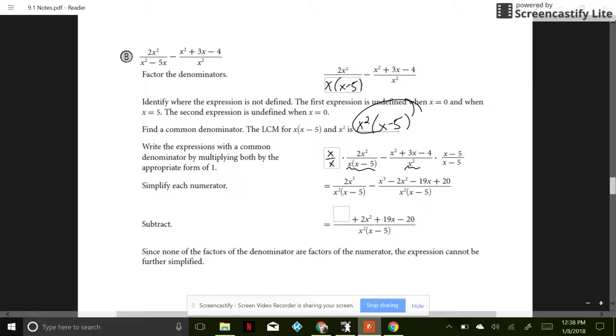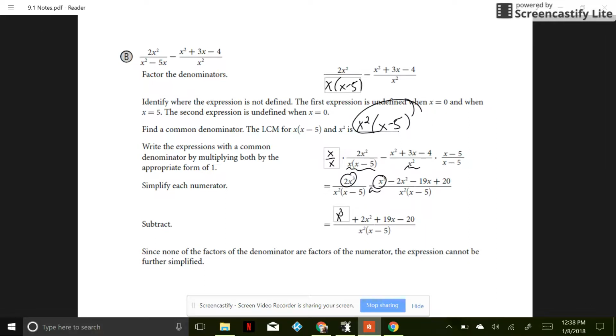Here we have 2x cubed minus x cubed, which leaves us with 1x cubed. Subtracting the second piece, so the signs are all going to change. So we'll have a plus 2x squared plus 19x, and then minus 20, over x squared times (x minus 5). Since none of the factors of the denominator are factors of the numerator, the expression cannot be further simplified.